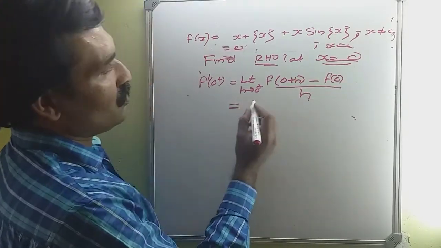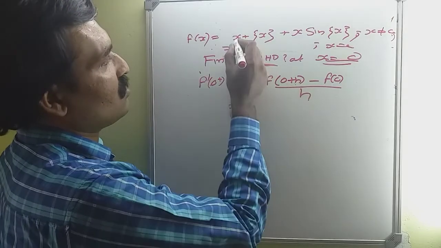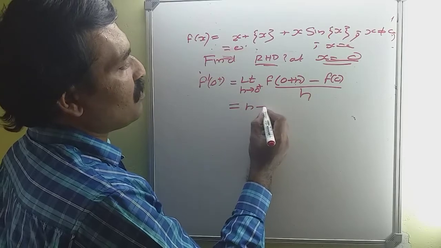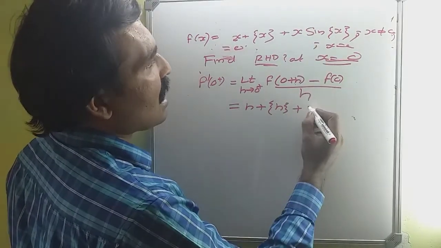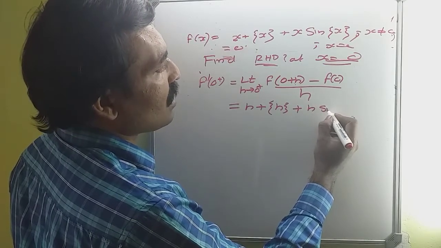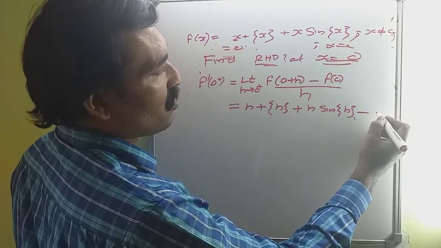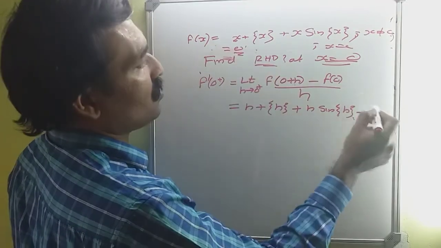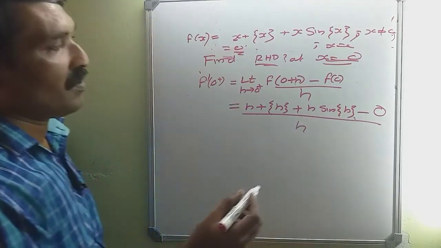This is equal to, replacing x by 0 plus h, h plus fractional part of h plus h into sine fractional part of h, minus f of 0, where f of 0 is 0, divided by h.